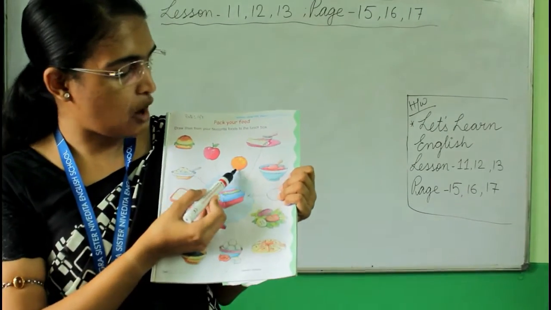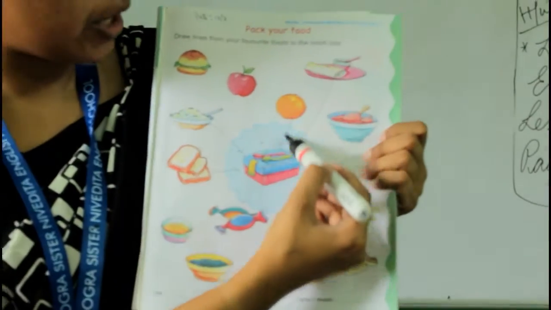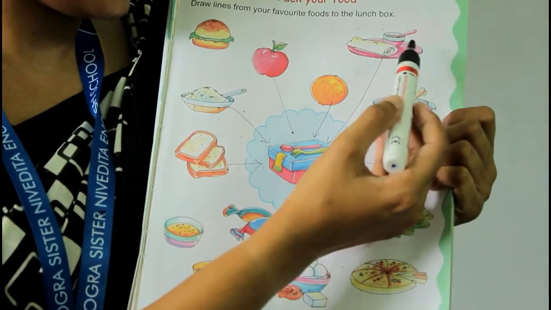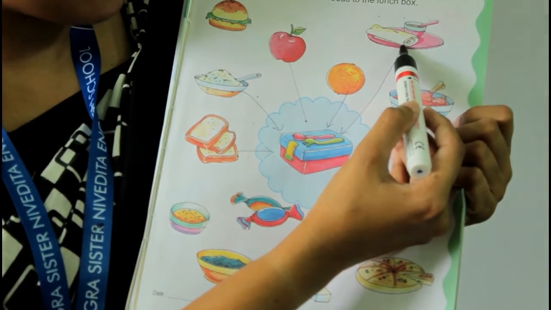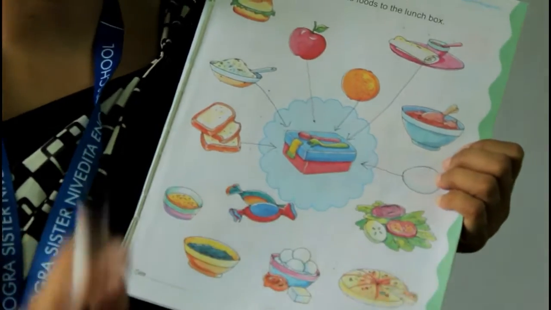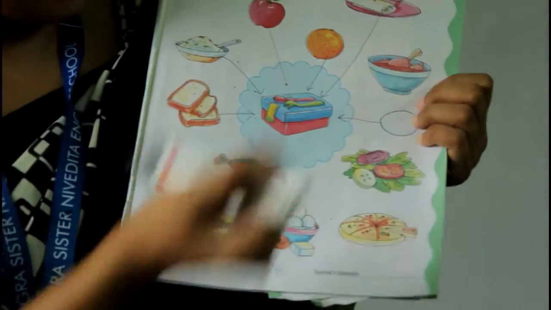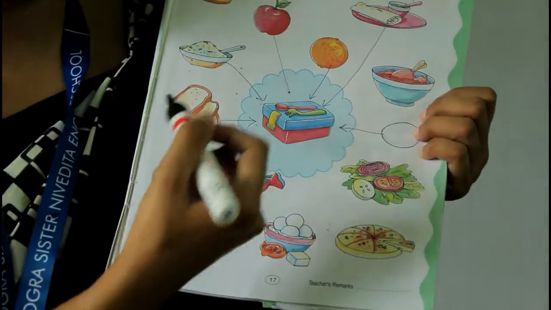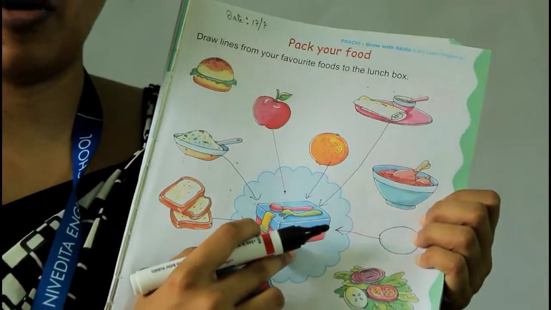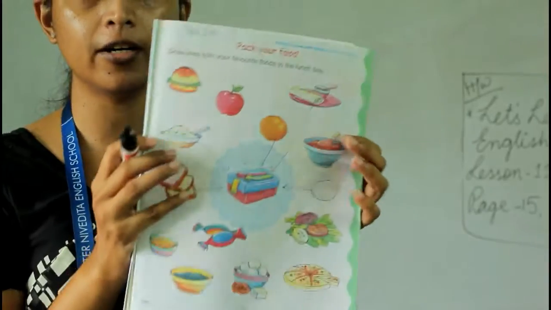Suppose I like orange, so I have drawn a line from orange to lunch box. Then I love chapati and dal, so I have drawn a line from here to here. In this way, whatever food you like among these pictures, you can draw a line from there to lunch box. Okay, so this page is also your homework.